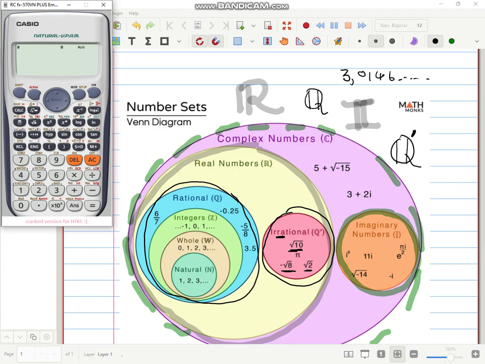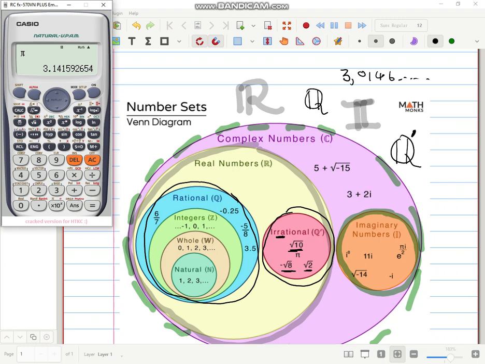If I click here, I get that symbol, then I say equals, I press S-D, and I get 3,14 and so on. This kind of number, which has a comma and goes on and on and on, is called an irrational number, right?